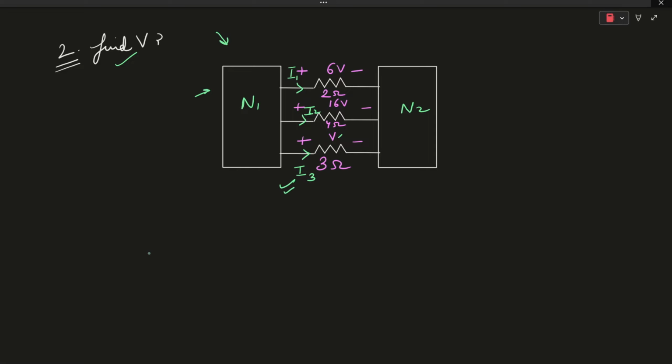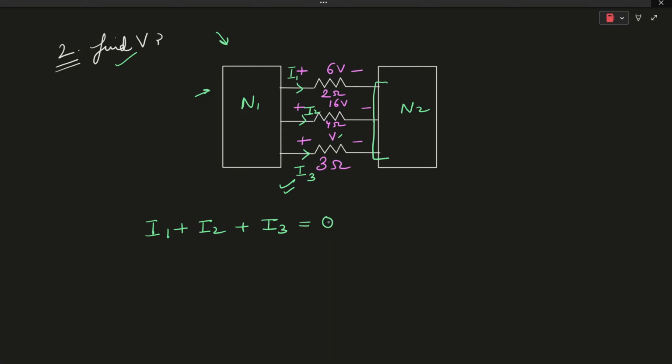We can apply KCL at this common node. All the currents I1, I2 and I3 are entering the same common node. It means that I1 plus I2 plus I3 will be equal to 0.